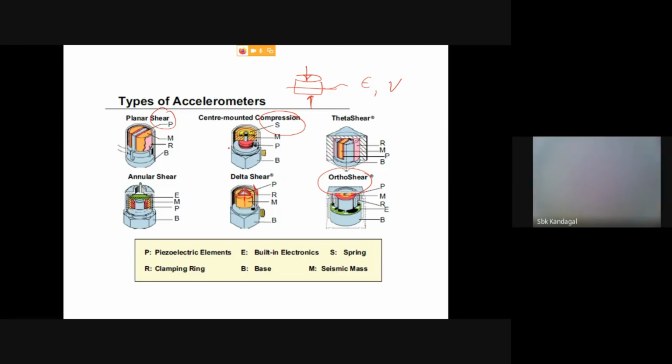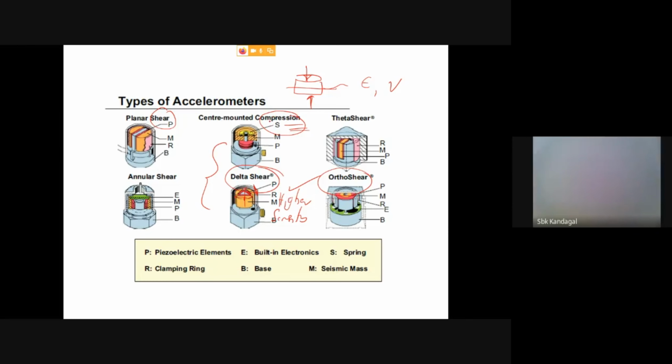What is the major difference between the delta shear and compression accelerometer? The delta shear one has a higher sensitivity compared to the compression type, because of the piezo crystal size. It is better, and the area in which the deformation occurs is much higher in the delta shear type.